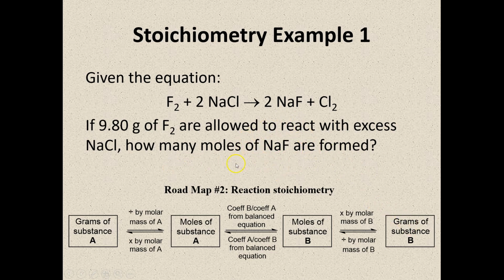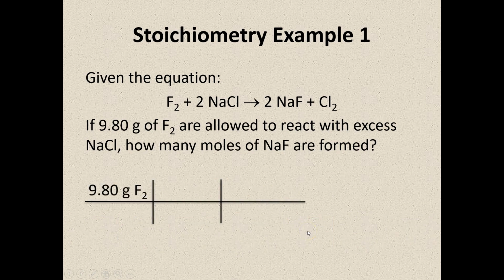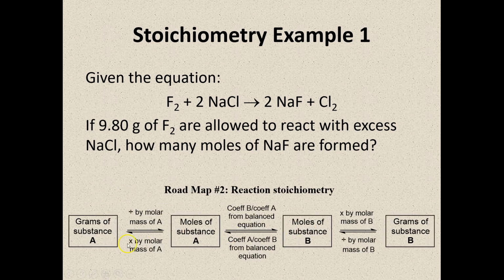It is asking us for moles of substance B. So we're getting on the road here at grams of A, and we're getting off here at moles of substance B. Therefore we're only going to do 2 conversions, grams of A to moles of A, moles of A to moles of B, and then we'll be done.